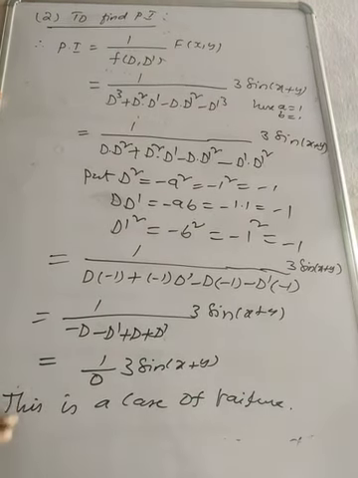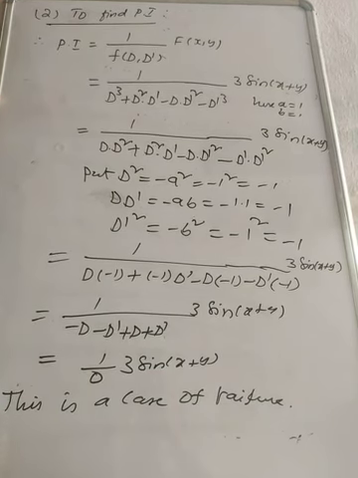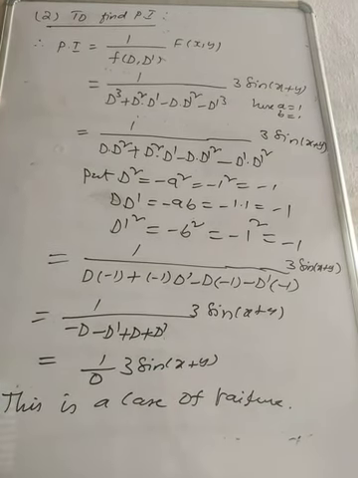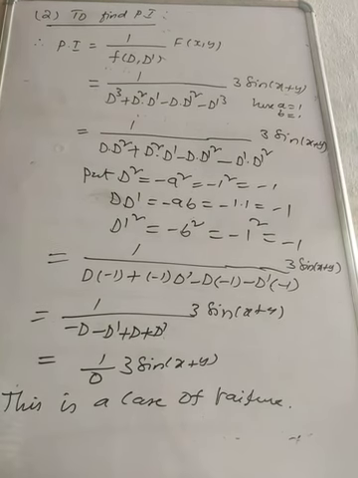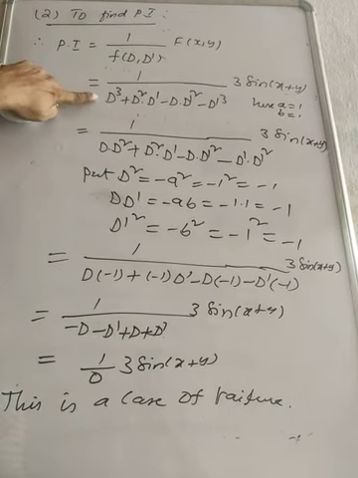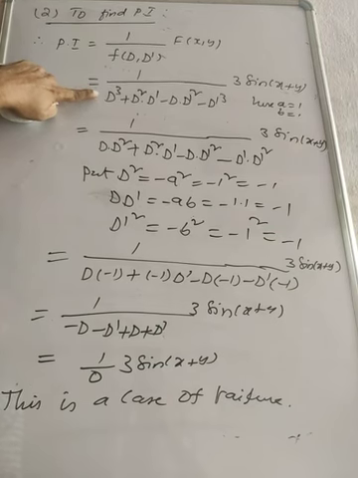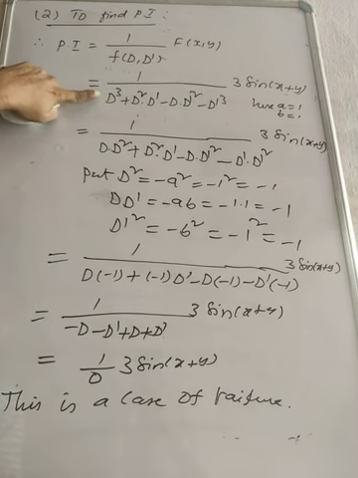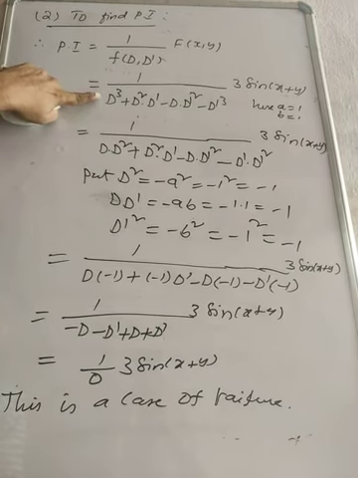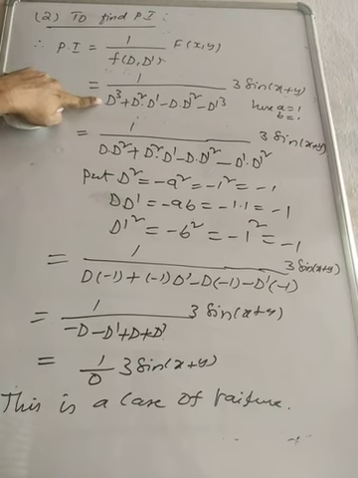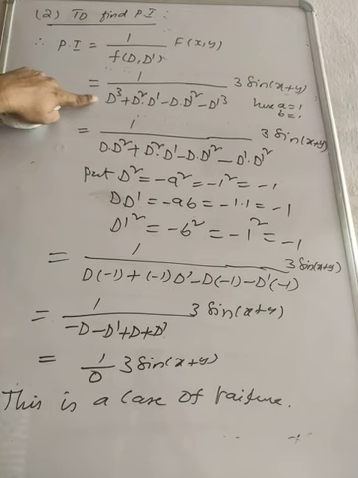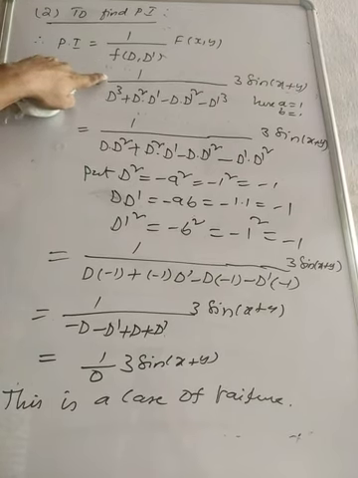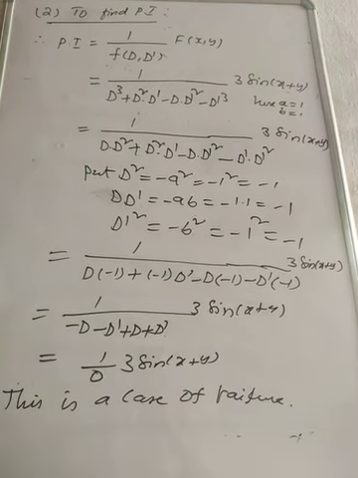Now we have to find the particular integral. In case of failure, we do differentiating partially with respect to D. We differentiate the denominator partially with respect to D after putting x in the numerator.